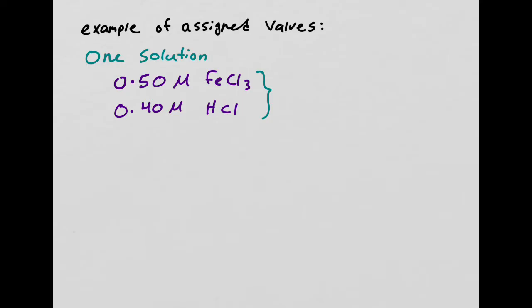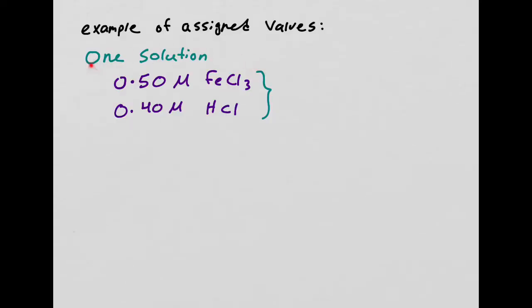Okay? So the point of this lab is to make one solution that has these concentrations. Again, your concentrations will be different. Your lab instructor has already assigned you that. Now let's go over how we would accomplish that. If you look at the independent project summary, it says that these reagents are available to us.